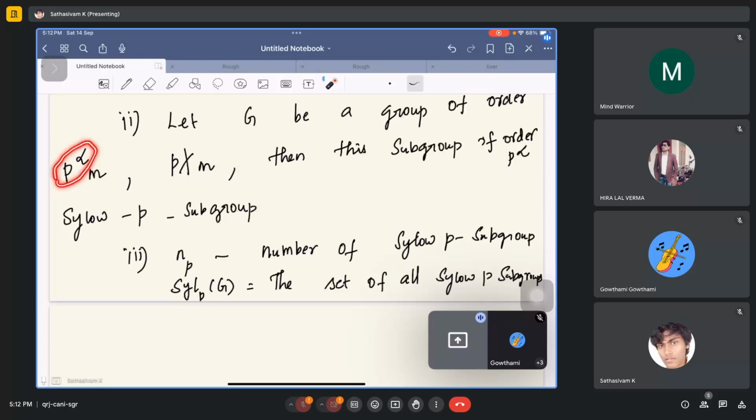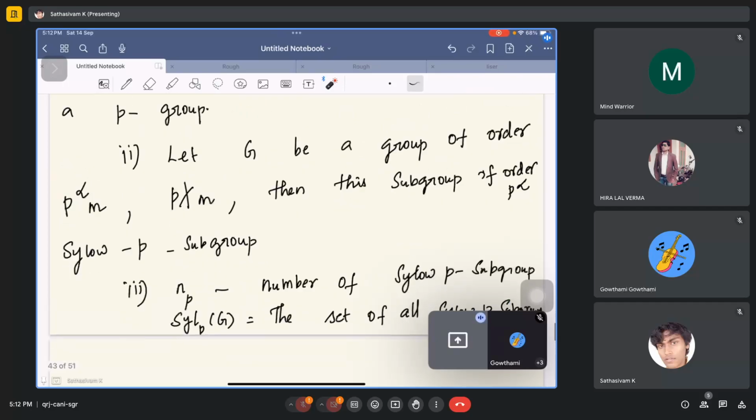Then if there is a subgroup of order p to the power alpha, we call that subgroup a Sylow p-subgroup. It's a subgroup which has the maximum p-power order inside this group. So what the Sylow theorem says is whether this kind of subgroup exists or not, and if the subgroup exists, what more you can say about it.